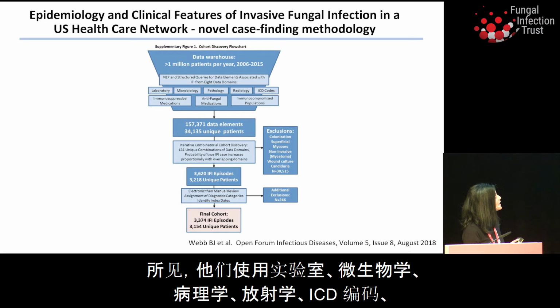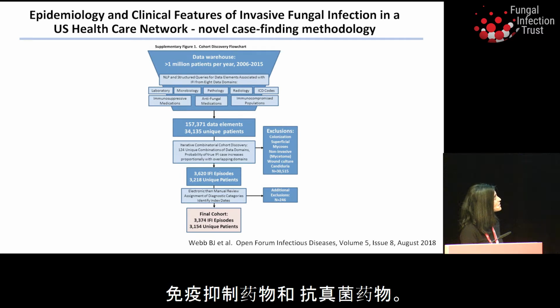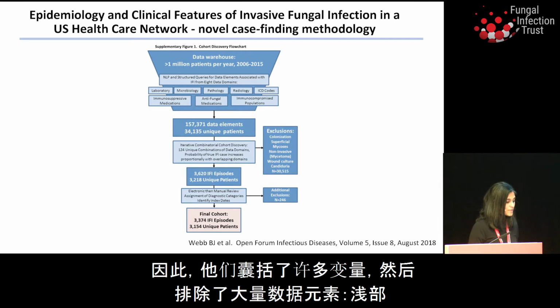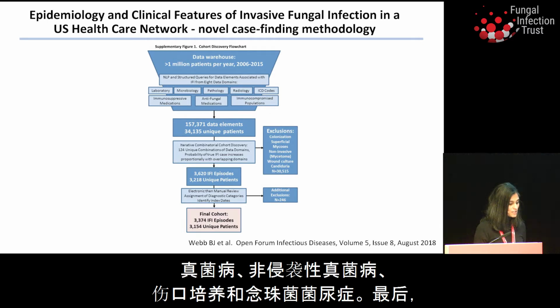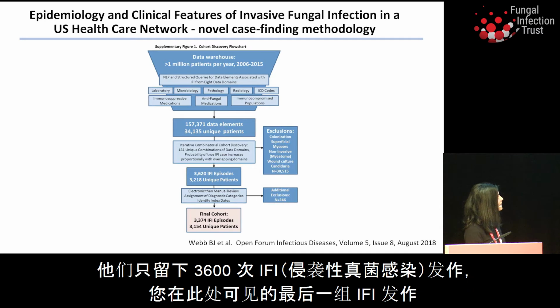They used laboratory, microbiology, pathology, radiology, ICD codes, immunosuppressive medication, and antifungal medications. So they included a lot of variables and data elements, and excluded superficial mycosis, non-invasive mycosis, wound cultures, and candiduria. At the end, they were left with 3,600 IFI episodes, and the final cohort was 3,300 IFI episodes.